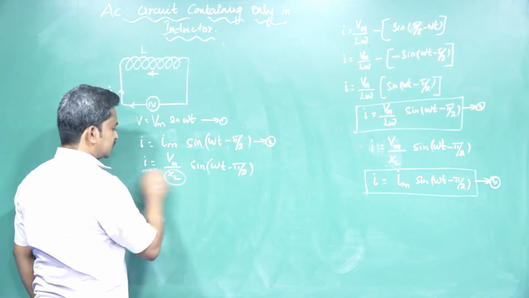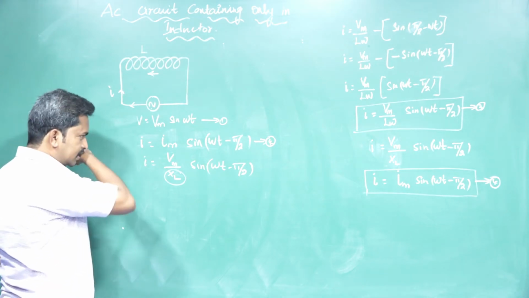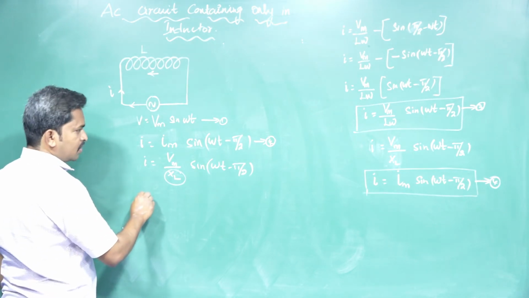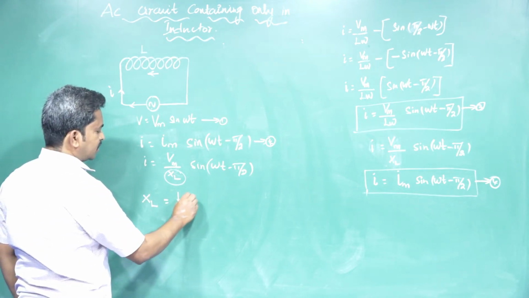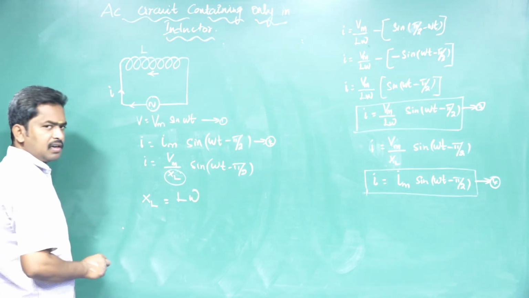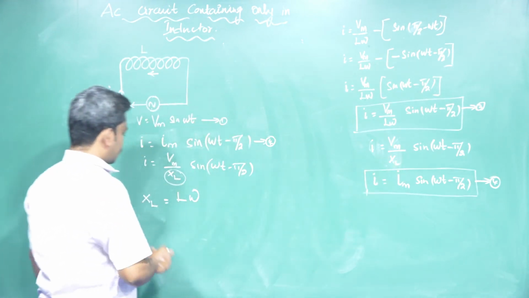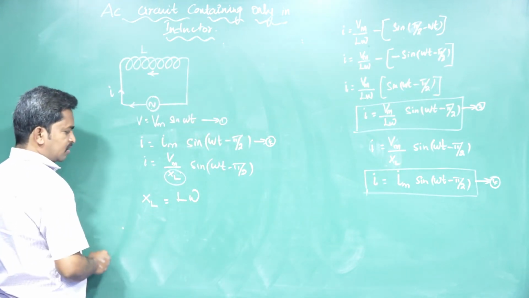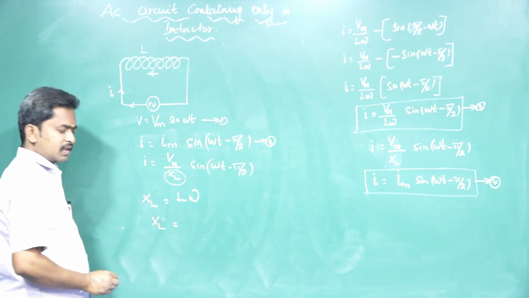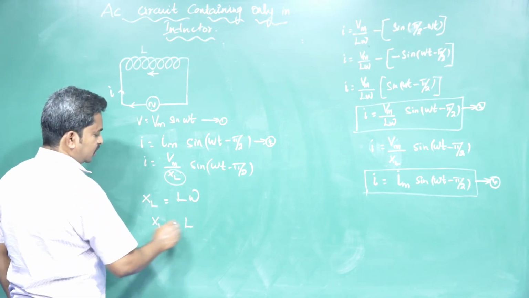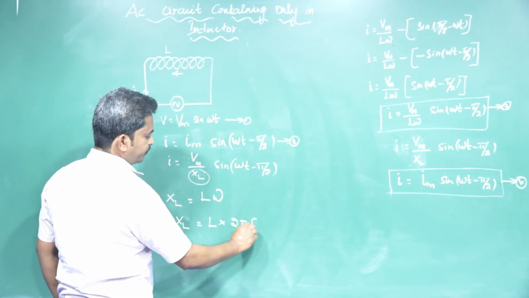Who is XL? The reactance, the resistance of this coil. XL is equal to L omega. That's why I want to take XL is equal to L omega, where L is the self inductance of the coil, and omega is 2 pi f.